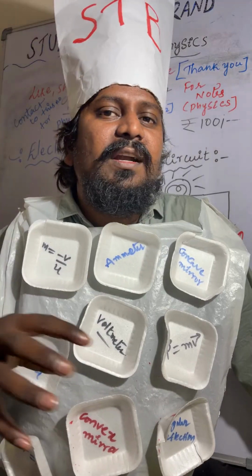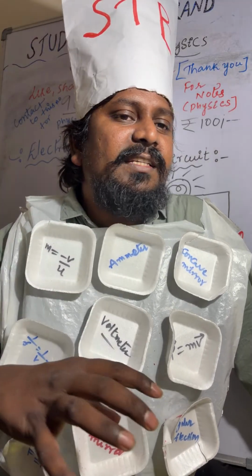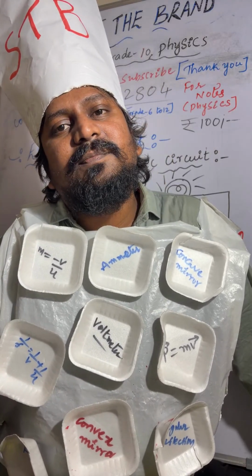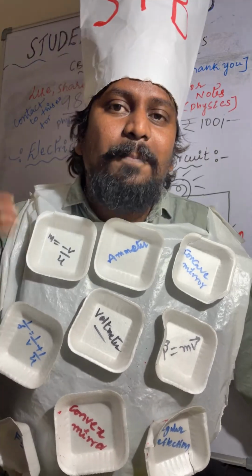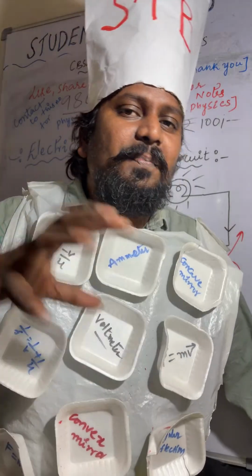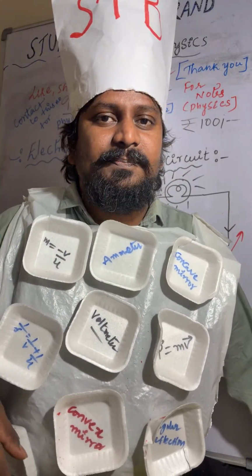Now we will discuss potential difference and electrical potential. Potential difference is the work done to bring a unit positive charge from one point to another point within the conductor.